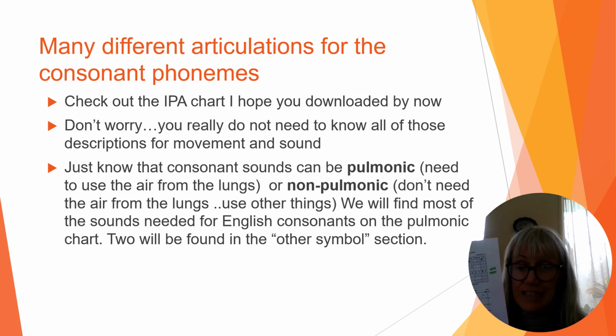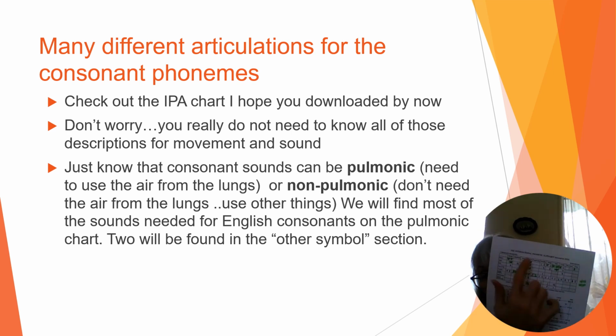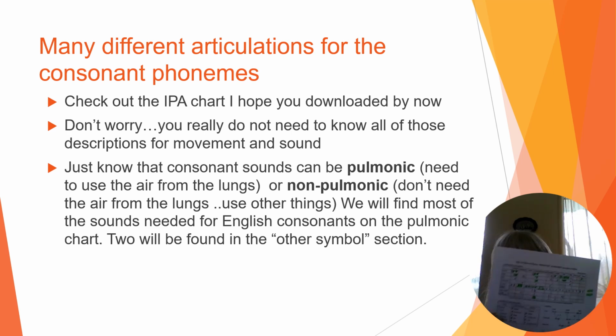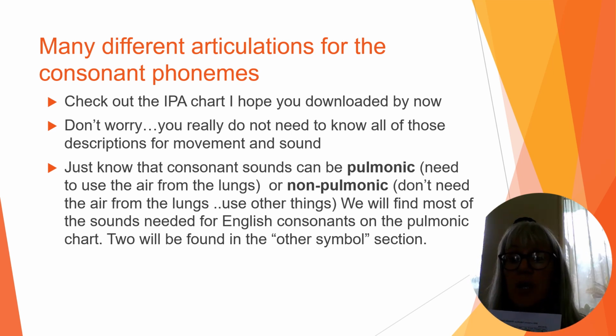Now, in English, mostly all the sounds will be found on this pulmonic part of the chart. Most English phonemes are pulmonic. We need the air to make them. English is said to be a very breathy language, okay?